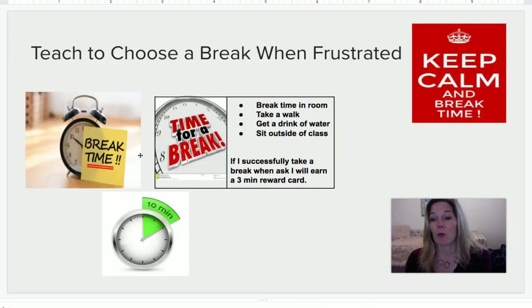So when we think about social emotional learning for students in the classroom, the thing that just keeps coming to my mind is how do they manage themselves? How do they self-regulate? When we as the district behavior support team come in and ask, do you have a break area for the students?